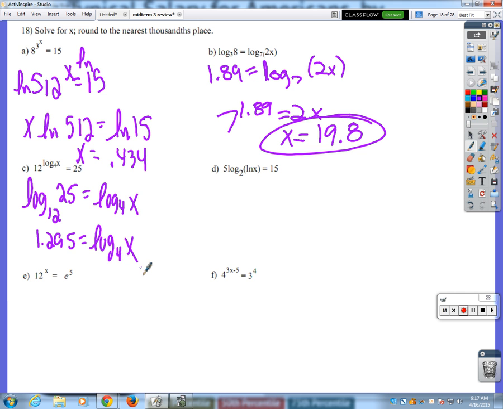And remember, we use the definition of logs again: this number to this power equals this number right here. X equals 4 to the 1.29.